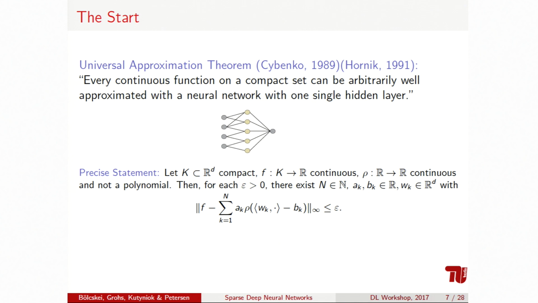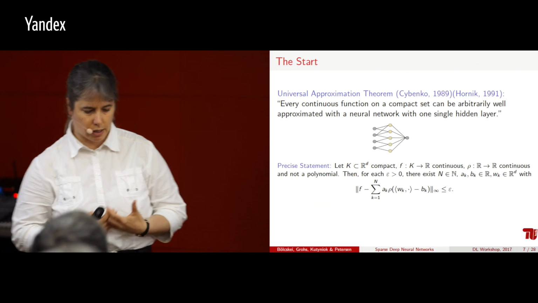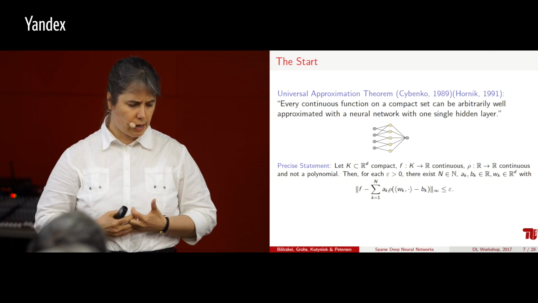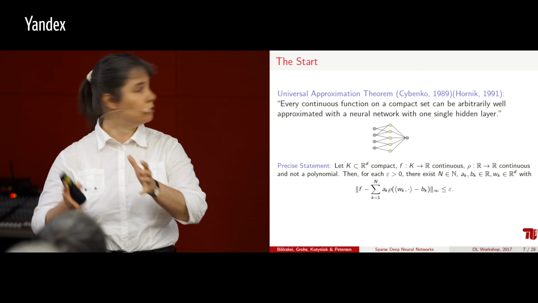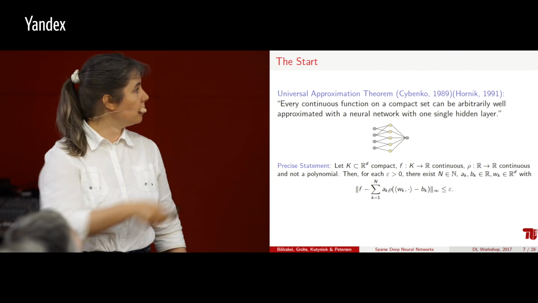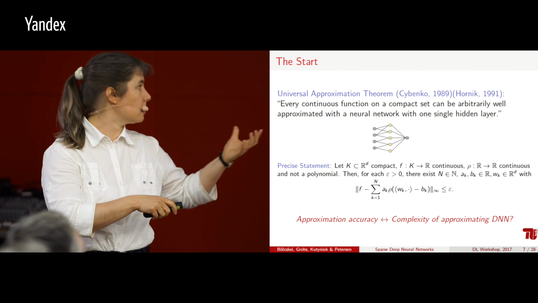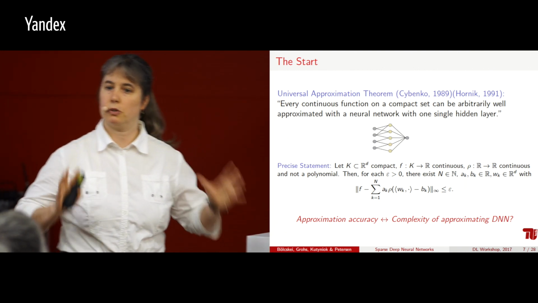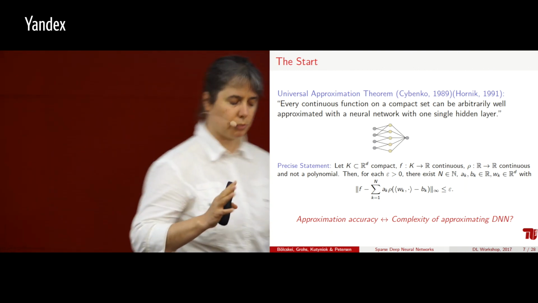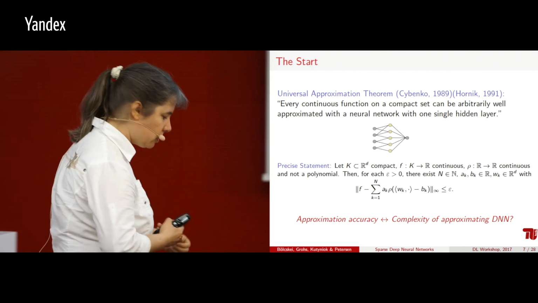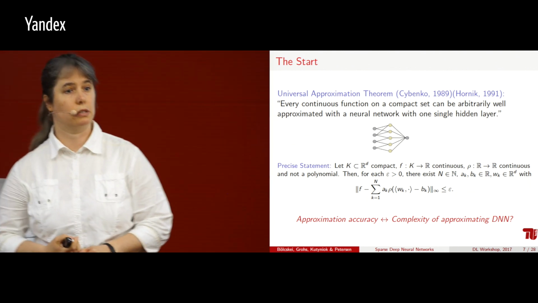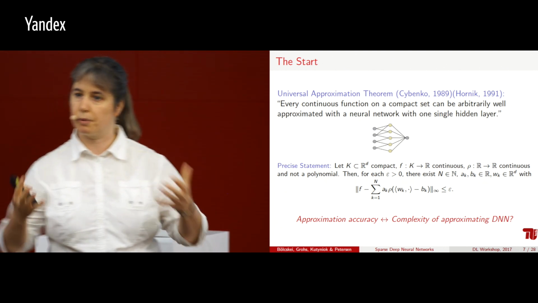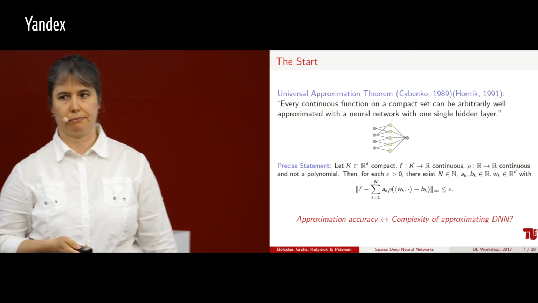But then you can ask the question, from the perspective I would like to go to. On the one hand side, you have the approximation accuracy, but this result doesn't tell you much about the complexity of those neural networks, because it doesn't tell us, for instance, how many neurons you need, and also what is maybe the optimal sparse connectivity in this setting.